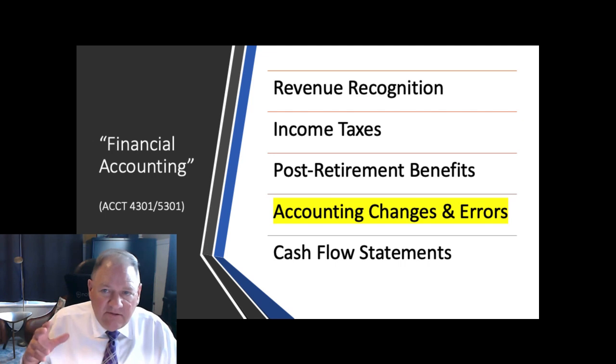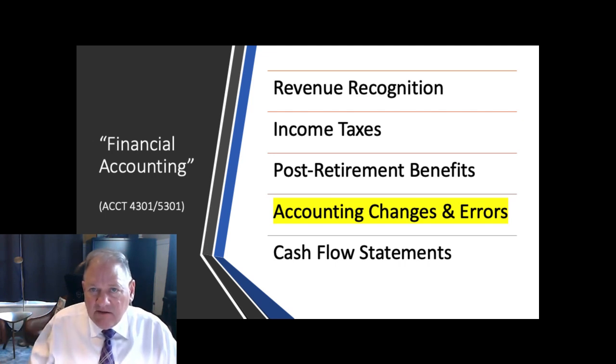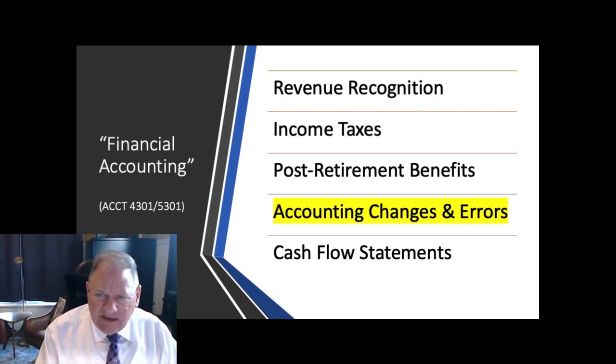But in practice, accounting standards change, and companies choose to implement accounting standards differently now than what they've done in the past, and so that leads to accounting changes. Also in practice, occasionally we make errors, and so we've got to figure out how do we address the mistakes that are made in the accounting, either made by us or maybe a predecessor accountant.